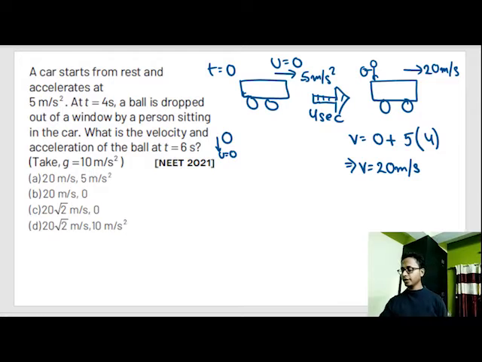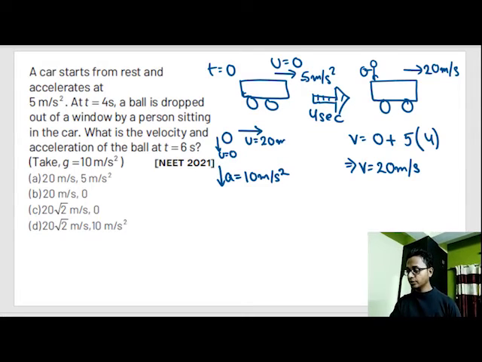That means the vertical component of the velocity was 0 for container also, for ball also, because it was dropped. And vertical component of acceleration is g, which is equals to 10 meter per second square, because gravity is acting. Now the horizontal component of velocity was equals to 20 meter per second, and the horizontal component of acceleration is equals to 0, because the ball does not receive the acceleration of the car.